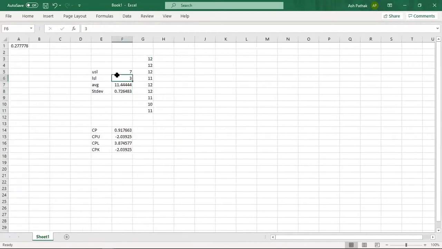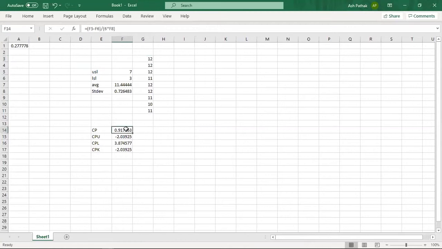The upper specification limit is 7 and the lower specification limit is 3, as stated. Then I calculated the average and the standard deviation. The average was given already, so the value was not 11.4; I think it was something different. What happened is he took the random value formula, so this is just a sample, and it would be varying and different.